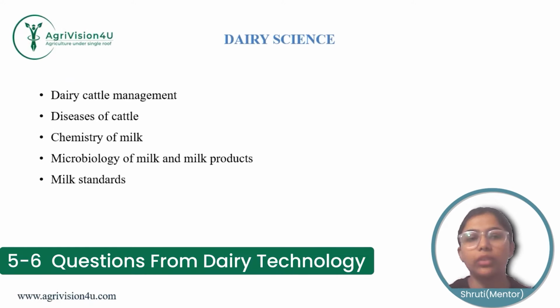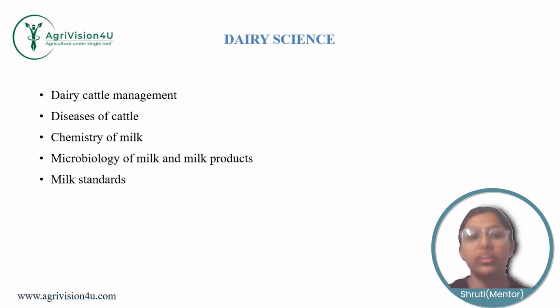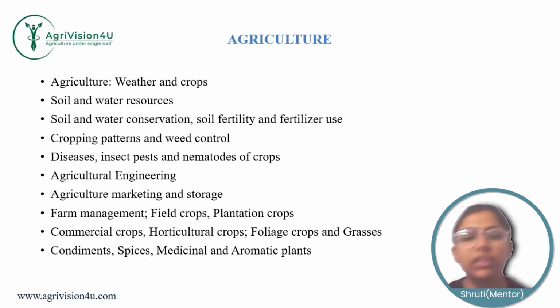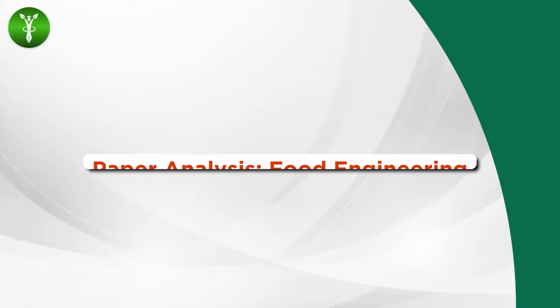Questions came from cattle management, diseases of cattle, chemistry of milk, tests for milk, microbiology of milk, milk standards, fat percentage, and composition of milk. From agriculture we can see only 2 to 3 questions, and these were very basic and fundamental questions.